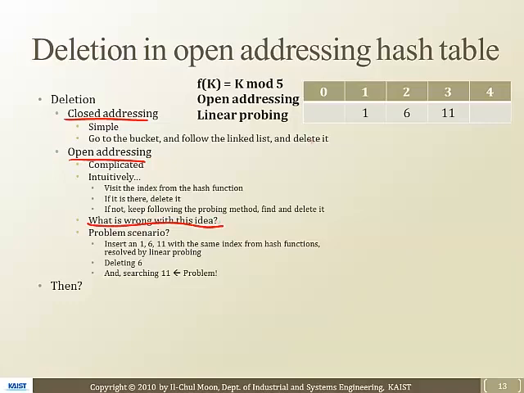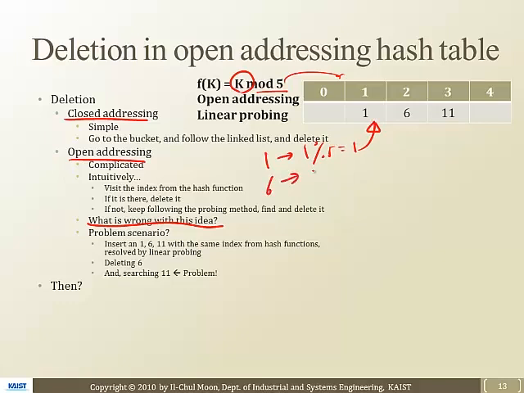Let's just go through this example. K is indexed here, and this modulo 5 means that we have this array. It's open addressing, and we are going to use linear probing, right? So when we insert 1 here, it's going to modulo 5 and equal 1, so it's being stored here.